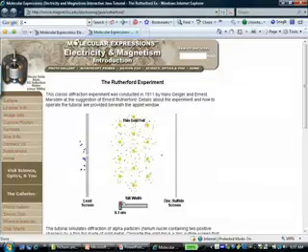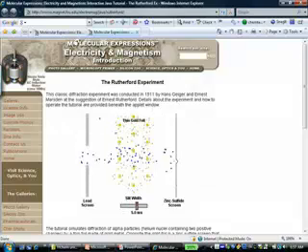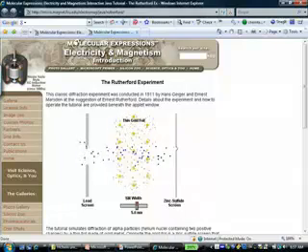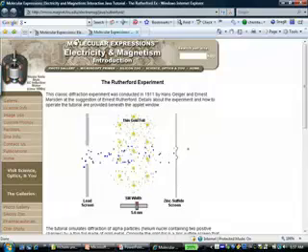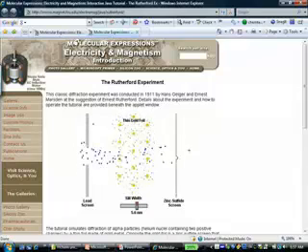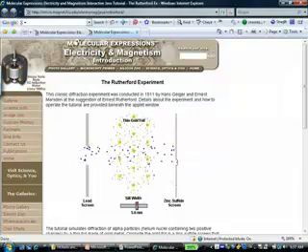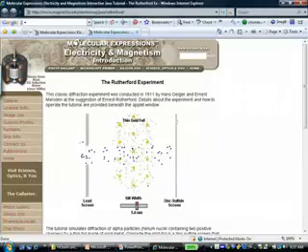I'm going to open the slit up a little bit so we can get more of an idea. What he had around this setup was a screen that whenever one of these alpha particles impacted the screen, it would glow. The data for his experiment was he was recording the location and the number of impacts of the alpha particles on this screen.